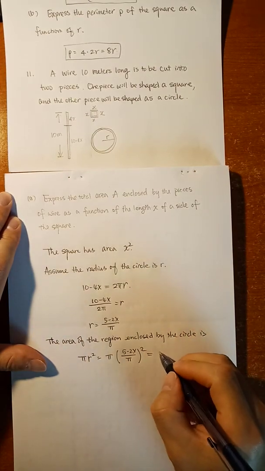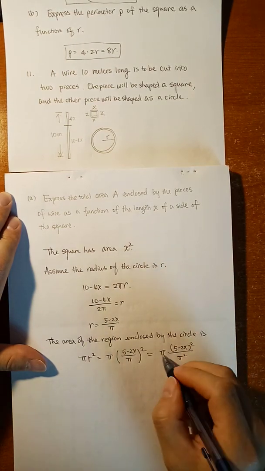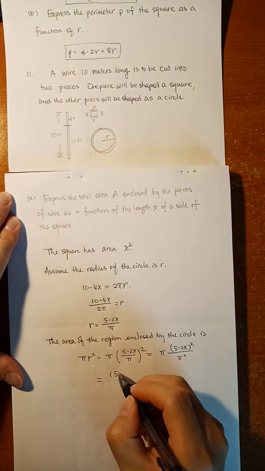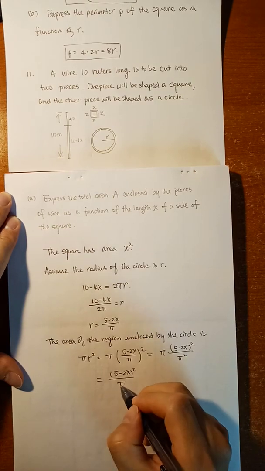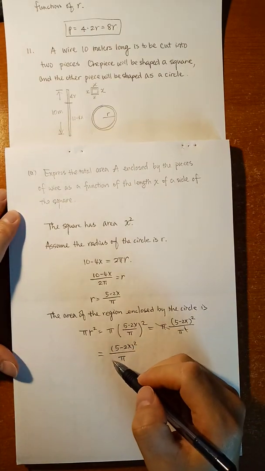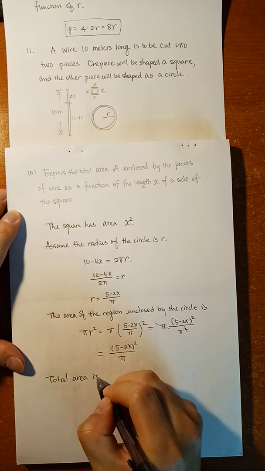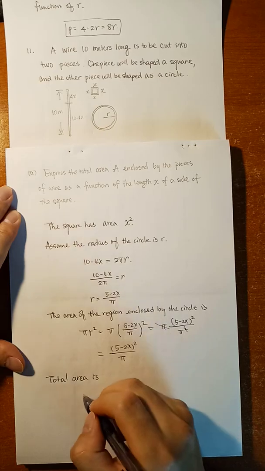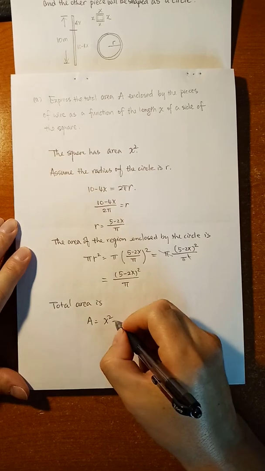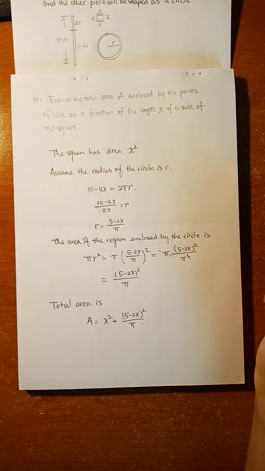The numerator squared and denominator squared: you have pi times, and in the denominator you have pi squared. You cancel one pi, you get (5 minus 2x) squared over pi. So this is the area of the disk. The total area A is equal to x squared, the area of the square, plus (5 minus 2x) squared over pi.